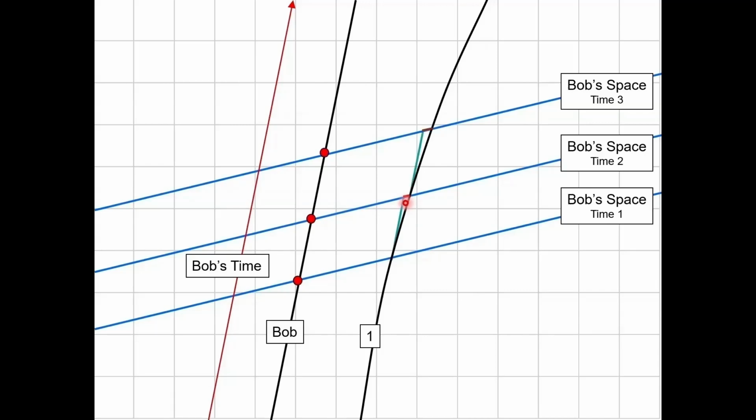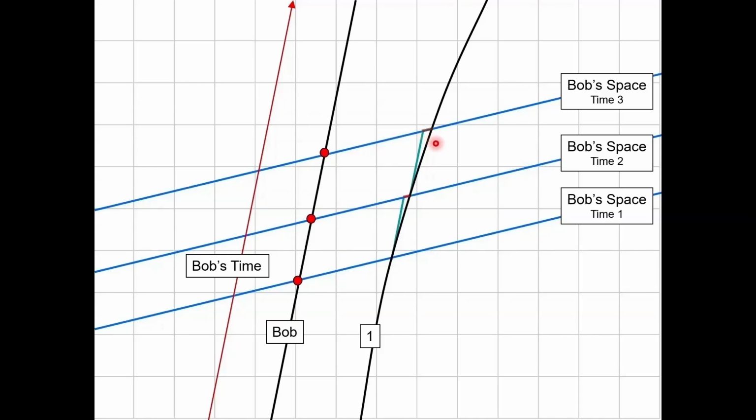And we check what happens between time 2 and time 3, which is the same time interval. And we see that the distance grows by this brown segment over here, which means again, between time 2 and time 3, particle 1 has a speed away from Bob.